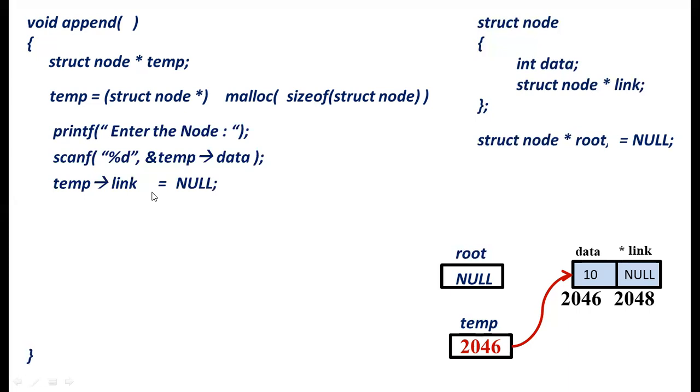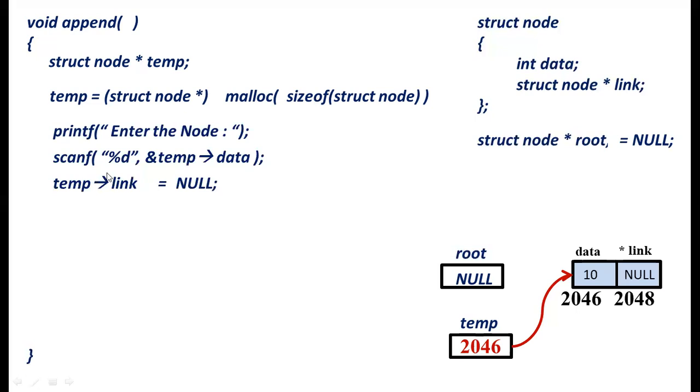Now we need to check where we have to connect this node, either at the starting position or at the end of the linked list. As of now, we are creating the first node in the linked list. So we have to check with the root element. If the root element is not pointing to any other element, then the newly created node should be pointed to by the root element.